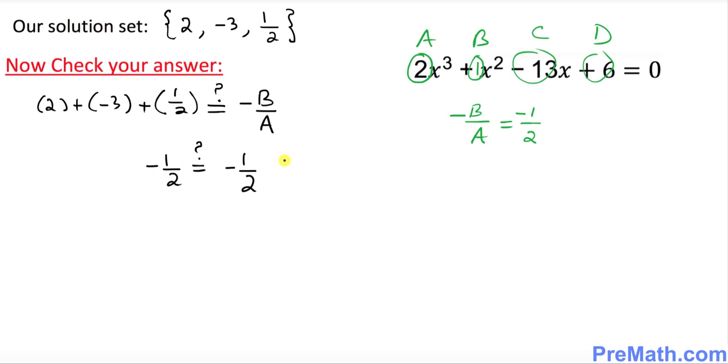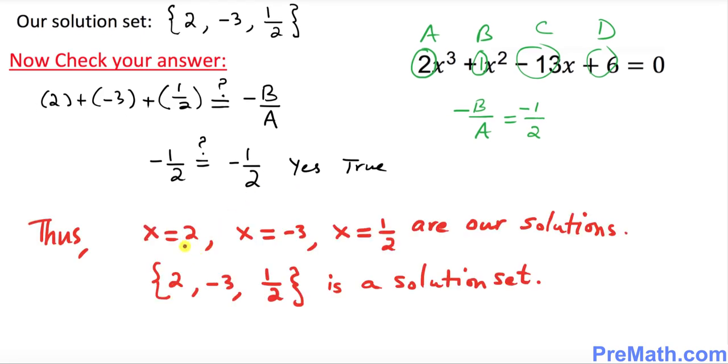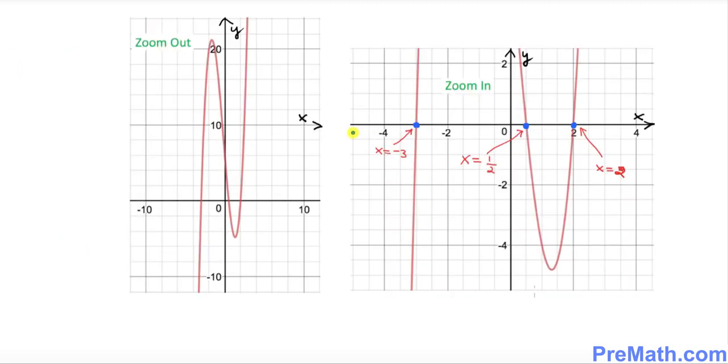Now ask yourself, is this statement true? Yes, this statement is true. So thus x equal to 2, x equal to negative 3, and x equal to 1 over 2 are our solutions. And finally, here is the graph of our given cubic function.